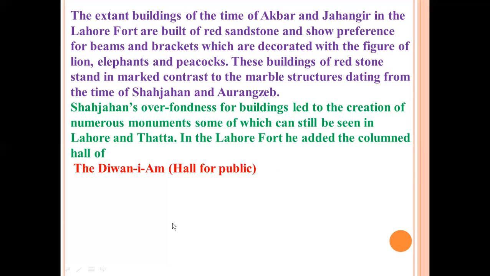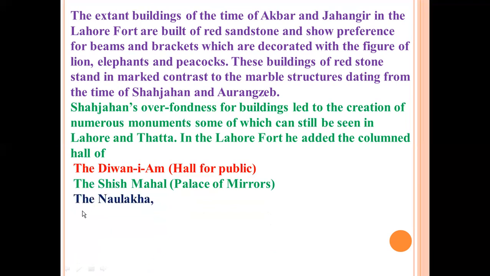meetings. Number two, the Shish Mahal, the royal palace, which was decorated with mirrors. Number three, Naulakha, also a specific building for the royal family. The Khalwat Khana, also a beautiful building inside the Lahore Fort.